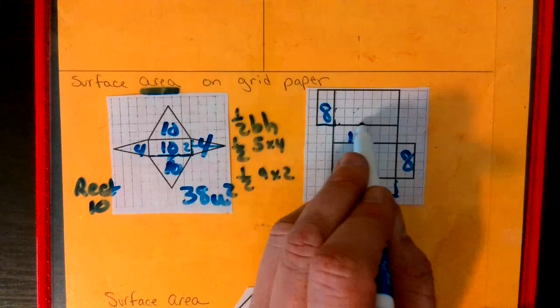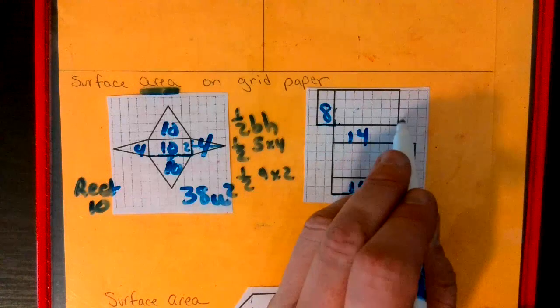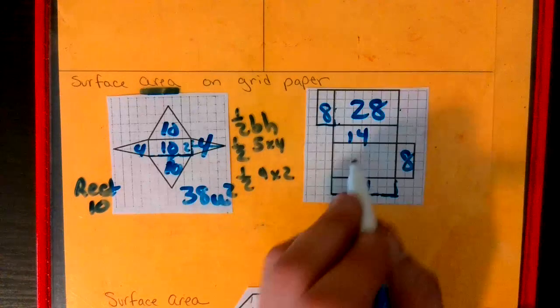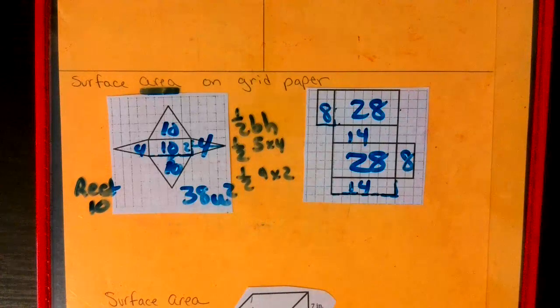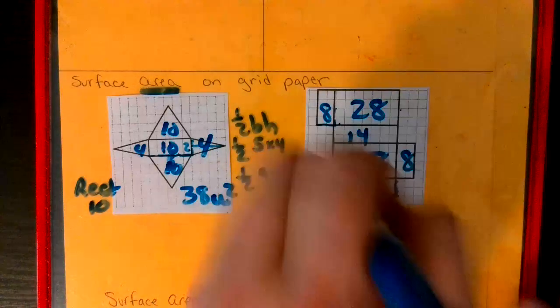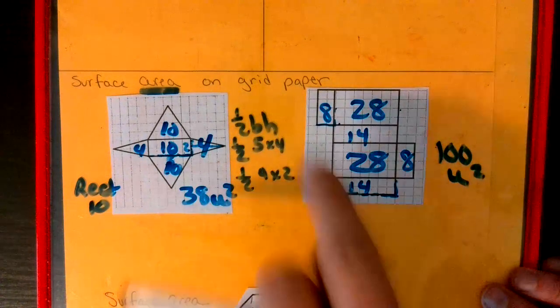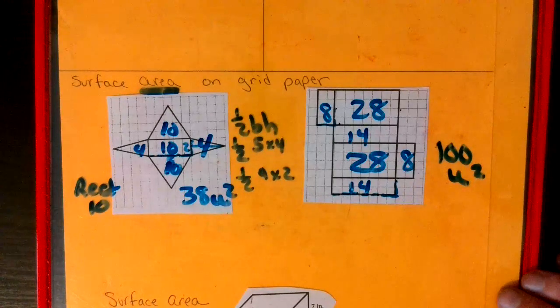This is a 7 by 4. 7 times 4 is 28. And then all we have to do is add 8 plus 8 plus 14 plus 14 plus 28 plus 28. Our surface area here is 100 units squared. That is the surface area of that shape.